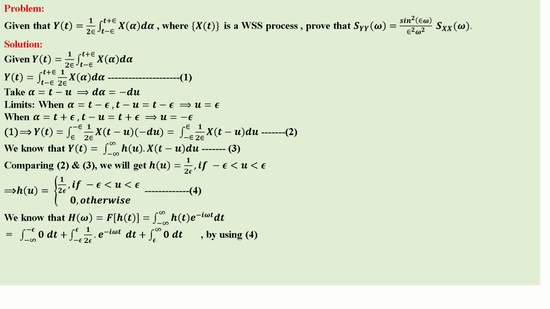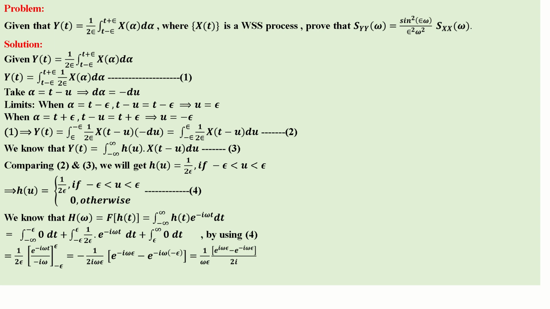Next, −ε to +ε, in which h(u) is 1/(2ε), from equation number 4, times e^(−iωt) dt, plus the integral from +ε to ∞ where h(u) is 0 again.